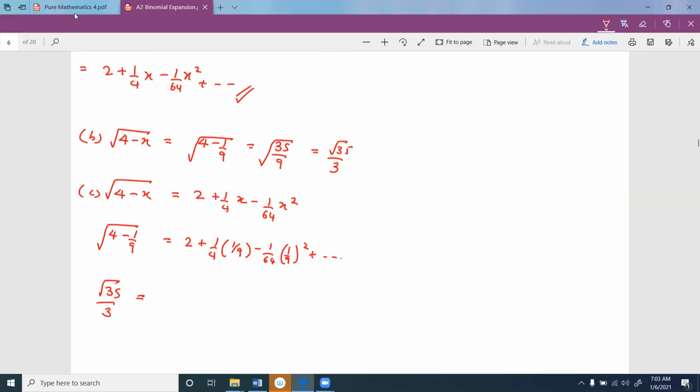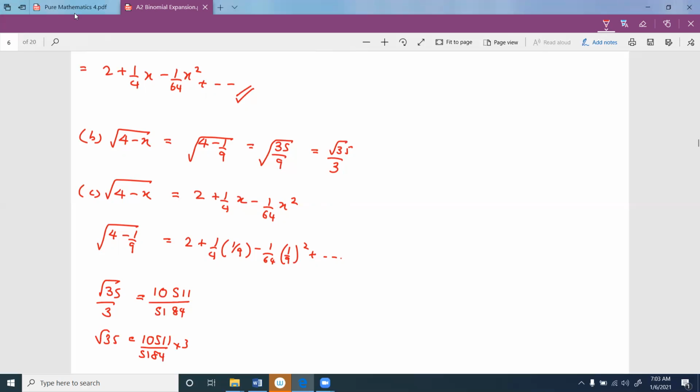This answer becomes 10,511 over 5,184. Therefore, root 35 is 10,511 divided by 5,184 times 3 times 3.